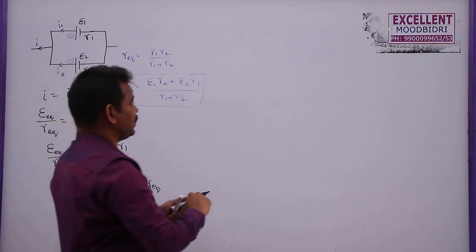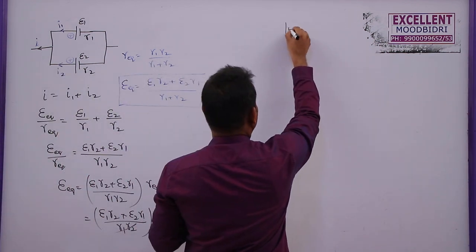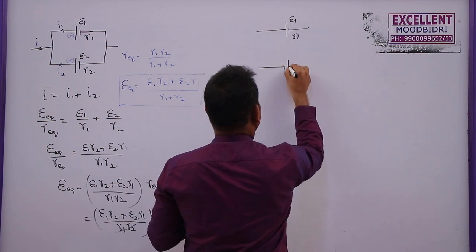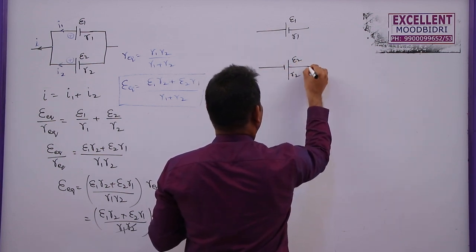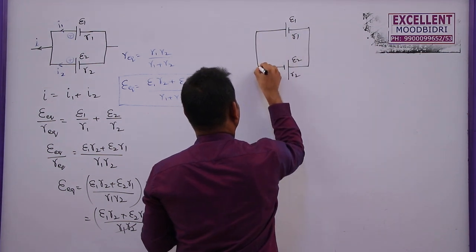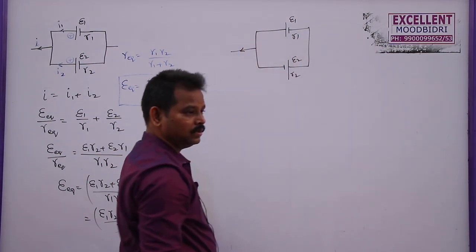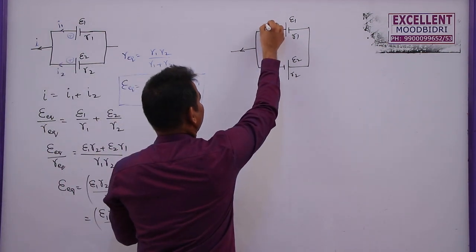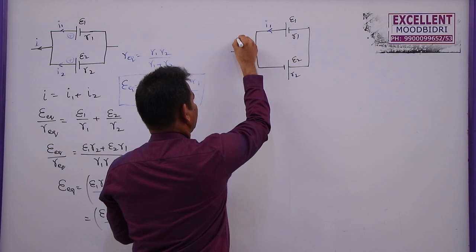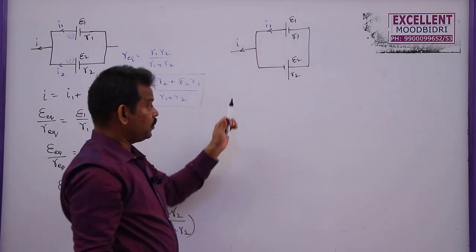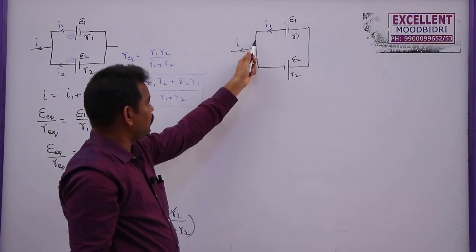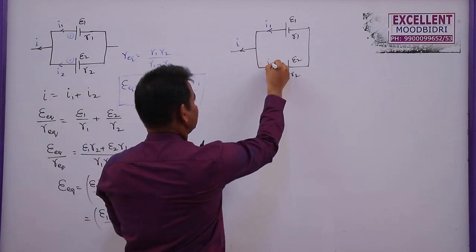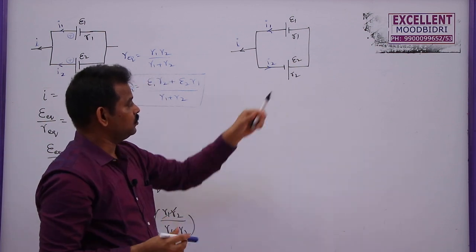Suppose the cells are connected in reverse sense. So this is E1 with internal resistance R1, but this is E2 with internal resistance R2, and these two are connected in parallel like this. So in this case, what happens? The first one will give the current I1, and the total current is I. From this I1 current, some current is going here. The remaining current, let us say I2, is entering into this one.